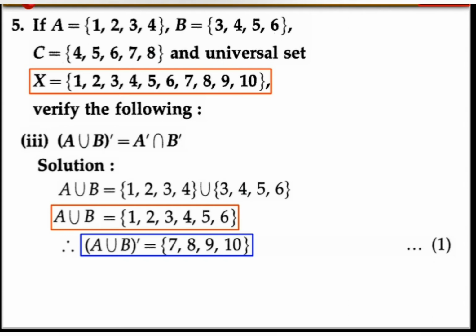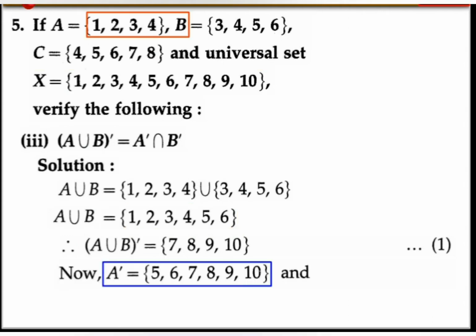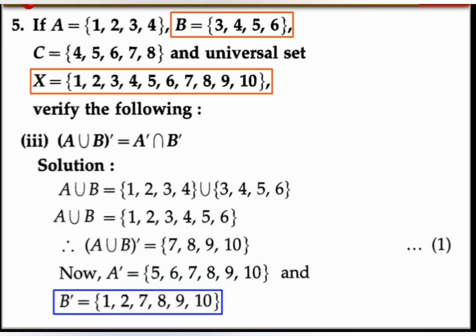Let us put it as 1. Now A complement would be equal to set of 5, 6, 7, 8, 9, 10. And B complement would be equal to set of 1, 2, 7, 8, 9, 10.